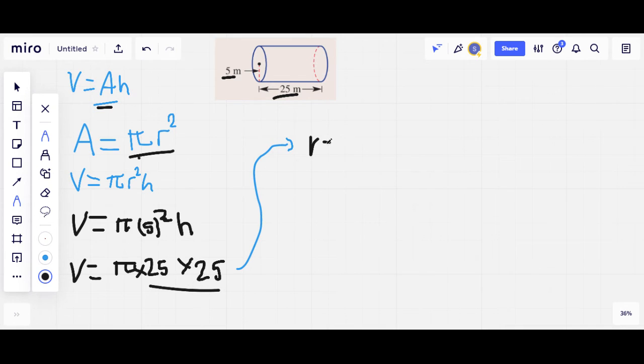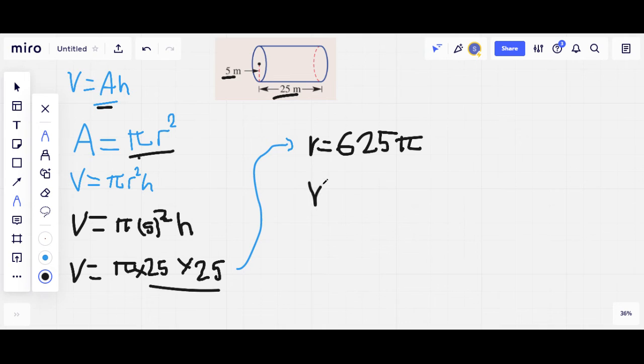Keep it as V equals 25 squared, gives us 625. And then we can just put our little pi sign at the end there, because if there's no operation, that means we're multiplying. So now our last step is to solve, simplify this.